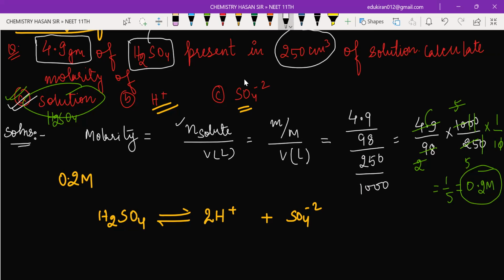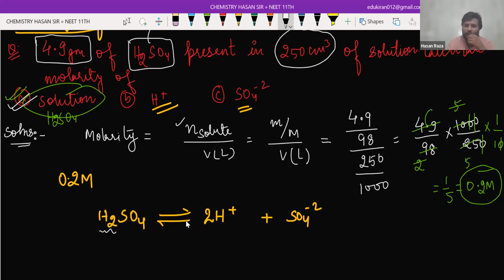Okay. So how do you compare with moles? The reaction should be balanced, and you can see that this reaction is balanced. 2 hydrogen on the left, 2 hydrogen on the right, 1 S on the left, 1 S on the right, 4 oxygen on the left, 4 oxygen on the right. Atoms are already balanced.